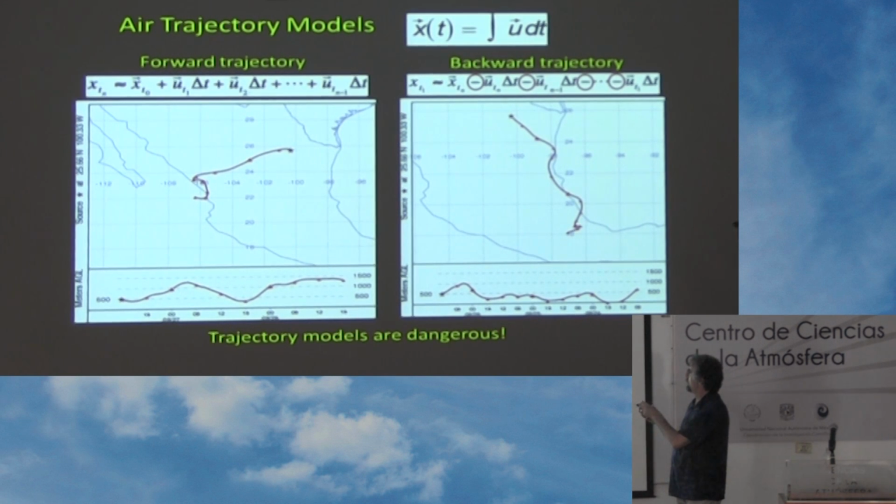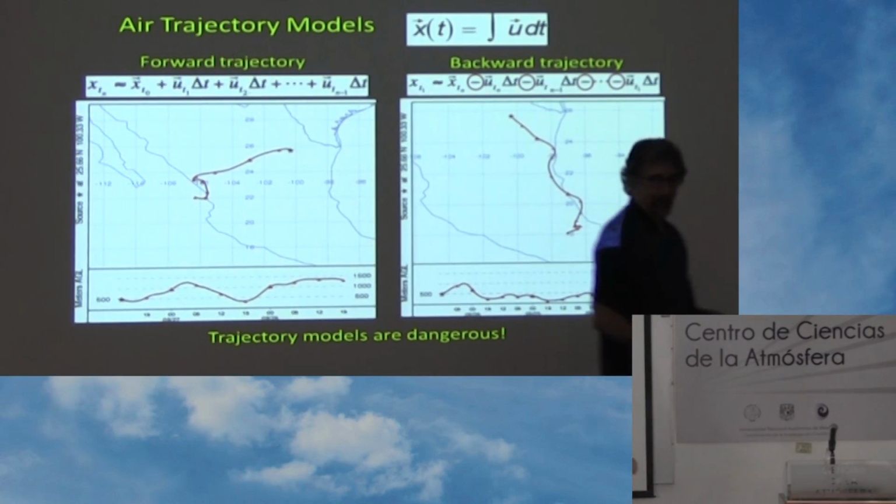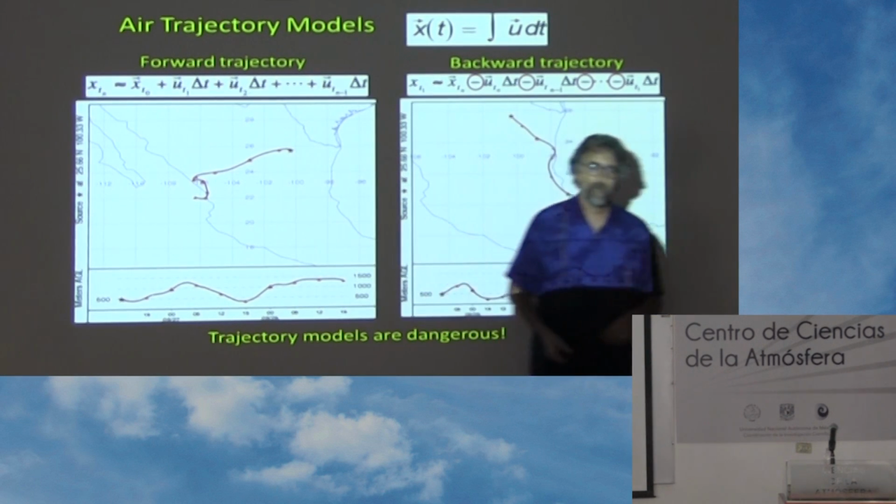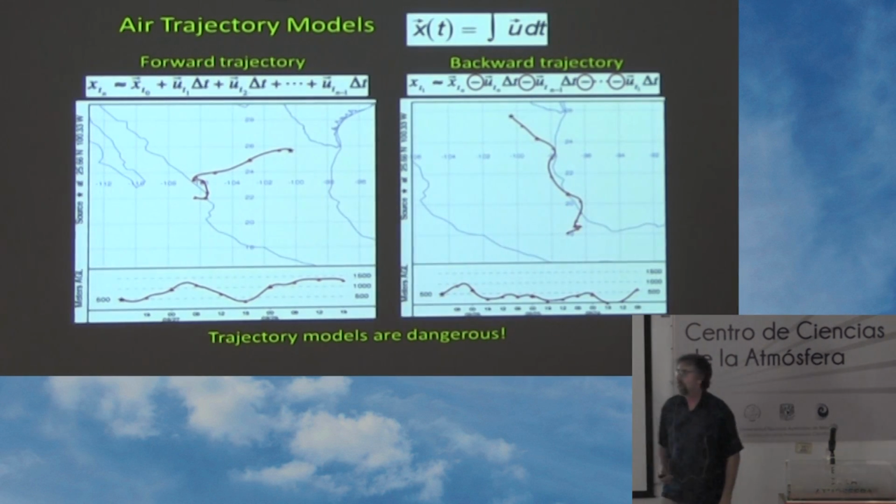Now, this is a backward trajectory, so it's the same model except we use a minus instead of plus. Okay, so that's like this. I go backwards. Okay, like that. It's the same concept.